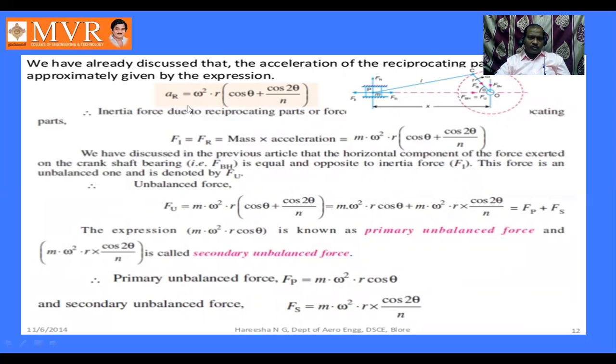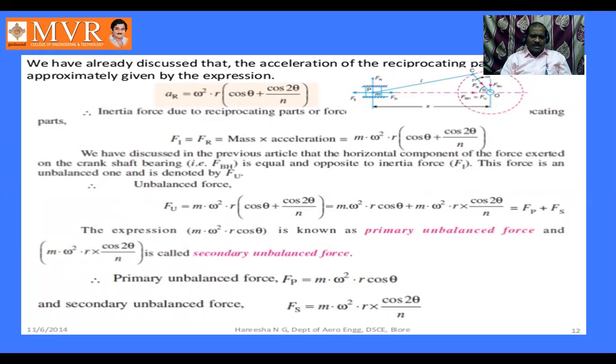Therefore, the inertia force due to the reciprocating parts, Fi is equal to Fr, that is equal to mass into acceleration, m into omega square into r, cos theta plus cos 2 theta by n. We have discussed in the previous article that the horizontal component of the force exerted on the crankshaft bearing, FBH, is equal and opposite to the inertia force Fi.